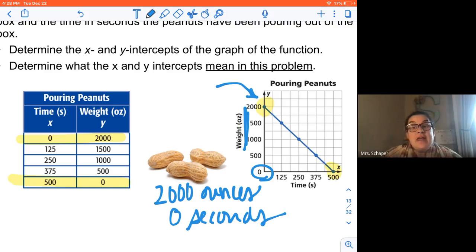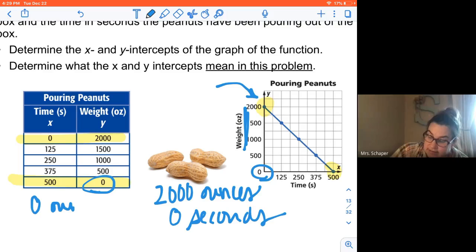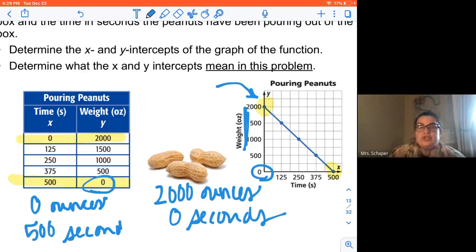When we look at the other intercept, the x-intercept, we recognize that at 0 weight, so 0 ounces, it's been 500 seconds. So identifying what the intercepts are would be saying that the y-intercept is 2,000 and the x-intercept is 500.